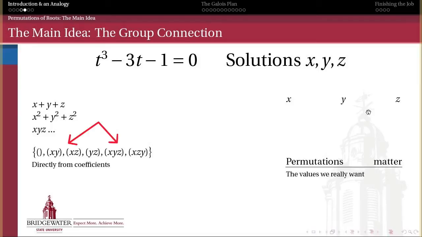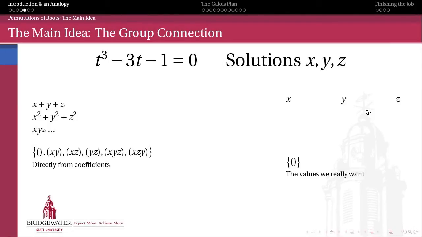And here I'm listing all the permutations in the symmetric group on three symbols. Whereas meanwhile, over on the right, where any permutation that we do to x, y, and z can in principle change the value of one or more of these expressions, x, y, and z, the roots, over here we might say that the symmetry group of this list of three polynomials is really the trivial group. There's nothing I can do that's non-trivial to this list of x, y, and z that will keep all the values of these three the same.